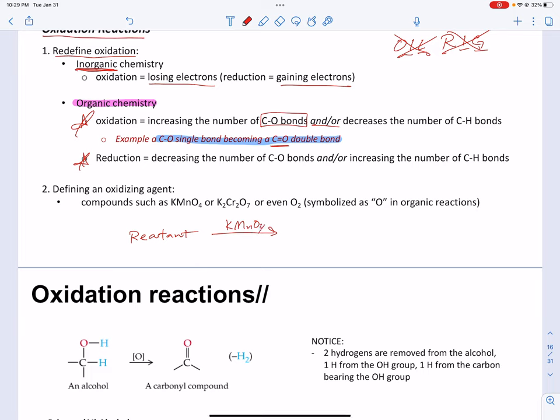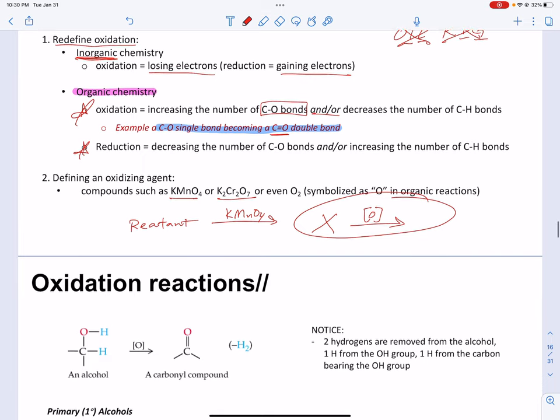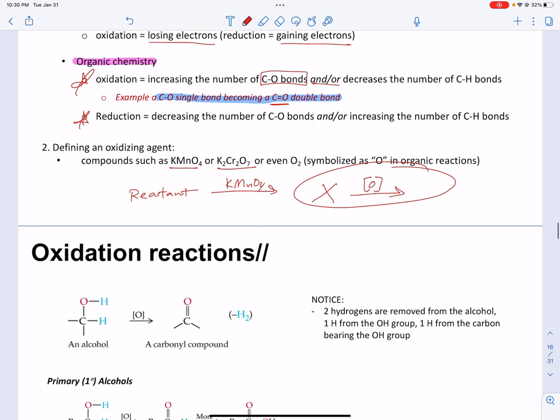If it has something like this, what you should infer, if the problem doesn't tell you, is, okay, this is an oxidation reaction because I recognize this as an oxidizing agent. On the exam, you'll see me do things like this, where I put O here representing your oxidizing agent. And so if I give you a reaction like this and I want you to draw the product, I want you to understand that this compound X, whatever your reactant is, is supposed to be oxidized, and you should draw the product of that oxidation. So if you have any questions about how that looks on homework questions, just reach out.